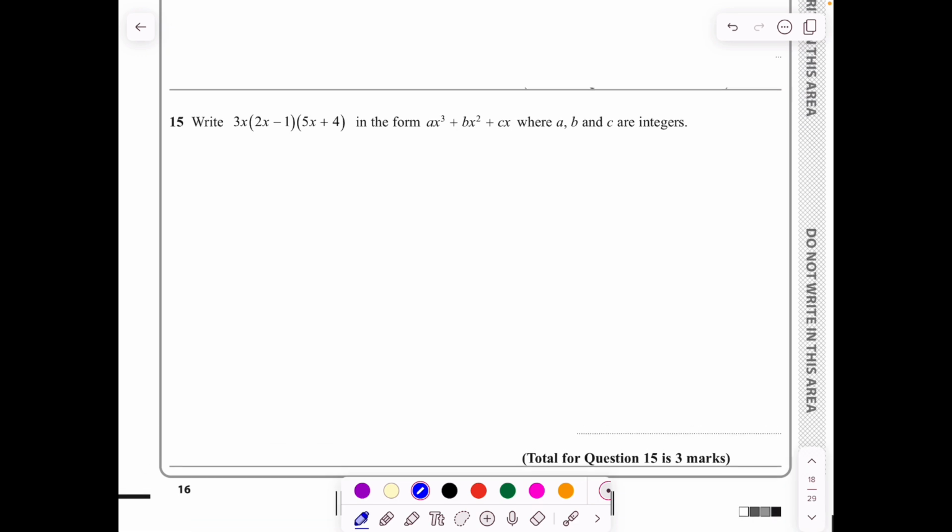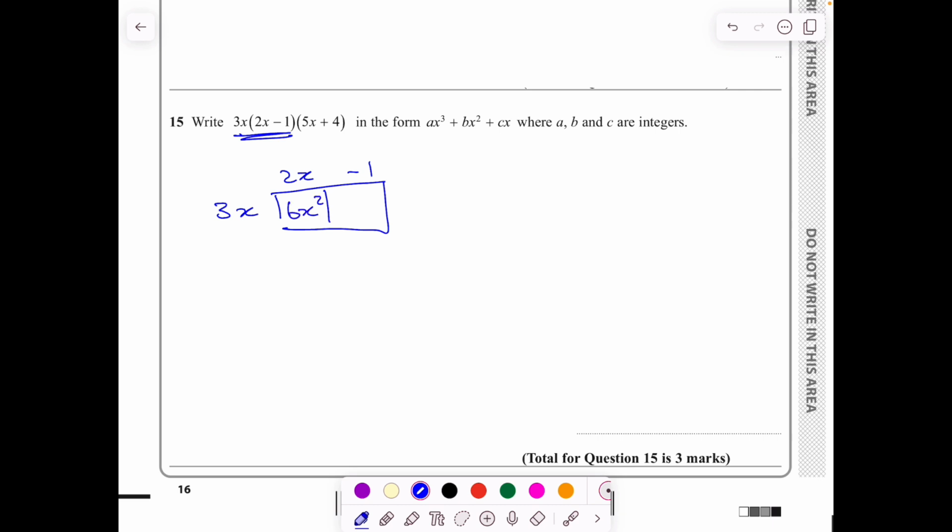This one, it doesn't matter which order you multiply in. I'm going to multiply these two first. So I'm going to do 3x multiplied by 2x, take away 1. 3x times 2x is 6x squared.